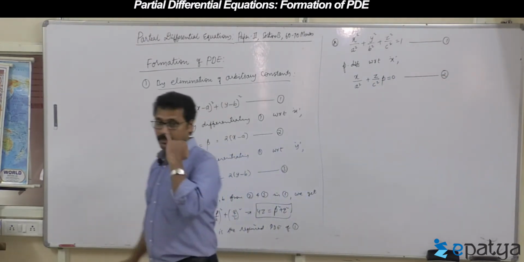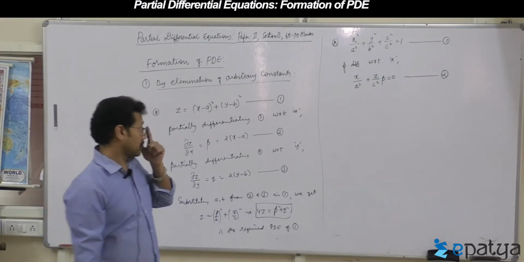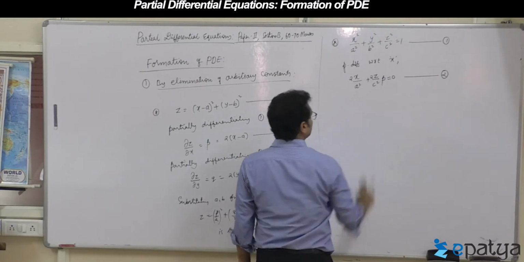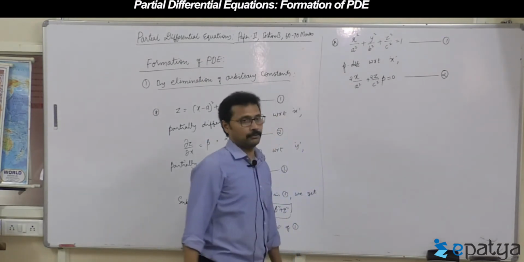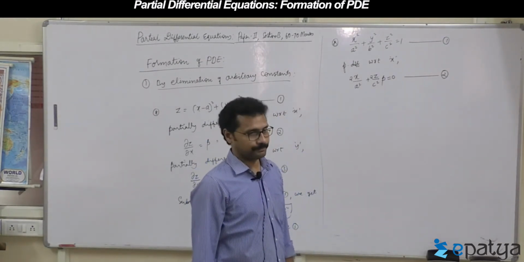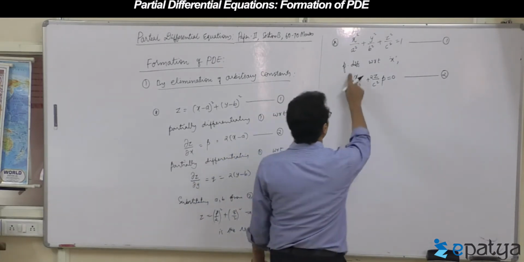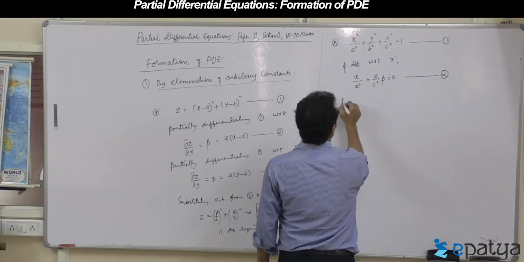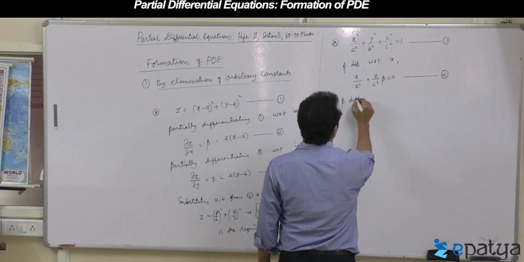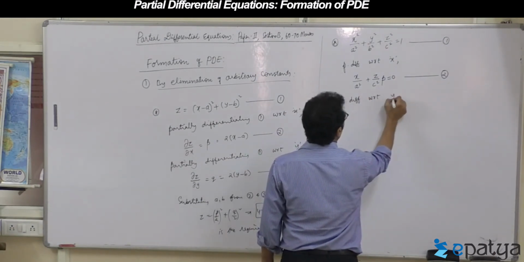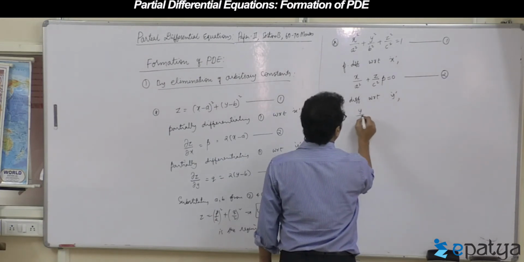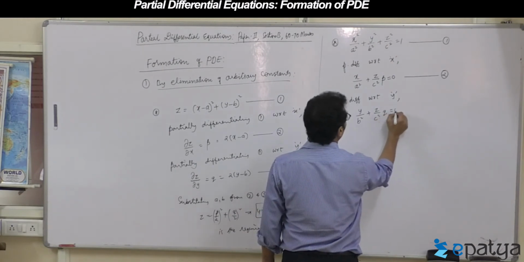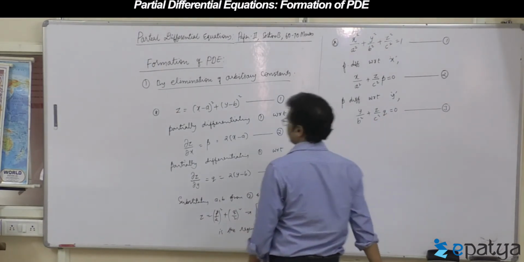Partial differentiation with respect to x gives me 2x by a square plus 2z by c square into dou z by dou x. So 2 cancelled off, and then partial differentiation with respect to y gives me y by b square plus z by c square q equal to 0, equation number 3.